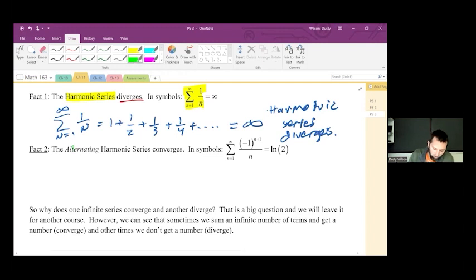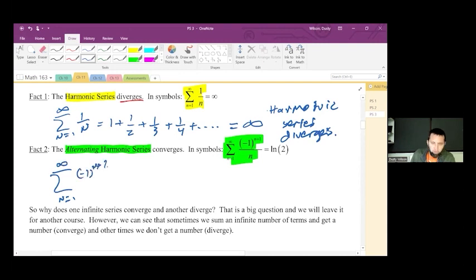So here, the alternating harmonic series, again, a name you need to know, which is this thing over here, converges, equals a number. If we were to spell that out so you could see it, that would be the sum from n equals 1 to infinity of negative 1 to the n plus 1. The little power of n plus 1 is to get the signs to line up right, over n.